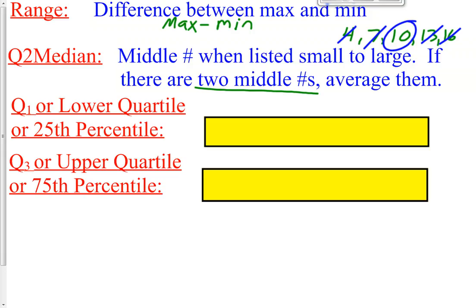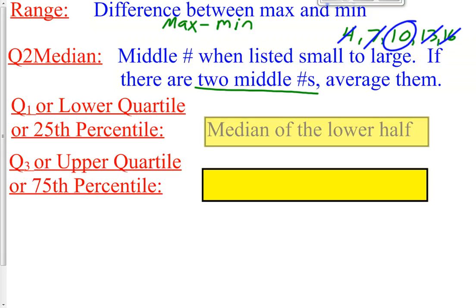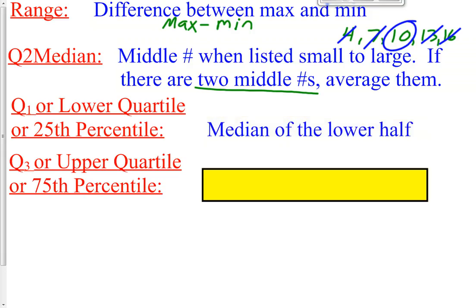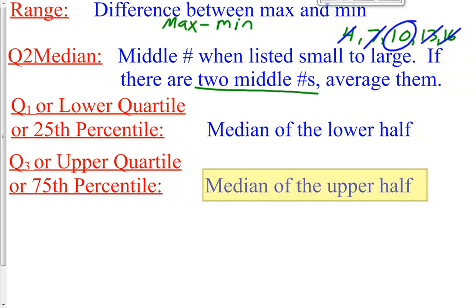Okay, so now if we do the middle of the lower half, that's called Q1, or sometimes we call it the lower quartile, or the 25th percentile. Bottom line, those three mean the exact same thing. It would be the median of the lower half. And then Q3 is the median of the upper half. And I'll explain how to find that in just a little bit.